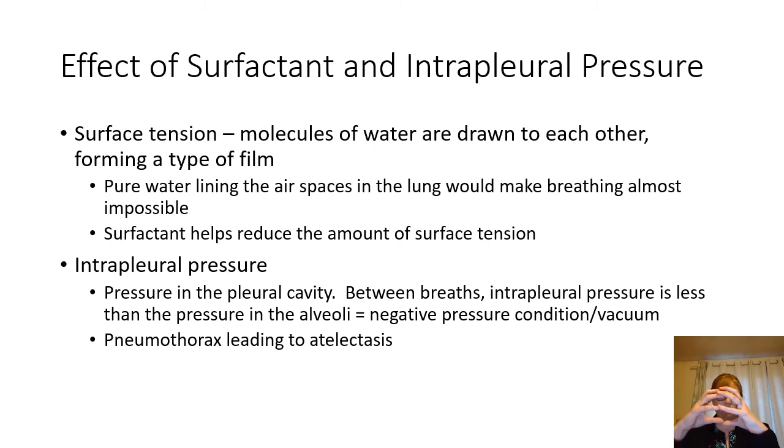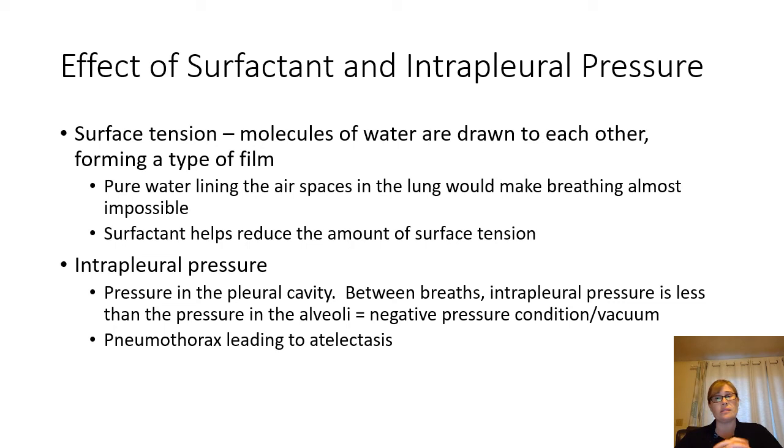If we did not have surfactant, then the surface tension along the inside lining of that alveolus is going to cause it to crash down and close with every breath. And so in premature babies that are born, I think it's 8 weeks early, surfactant has not been created yet.